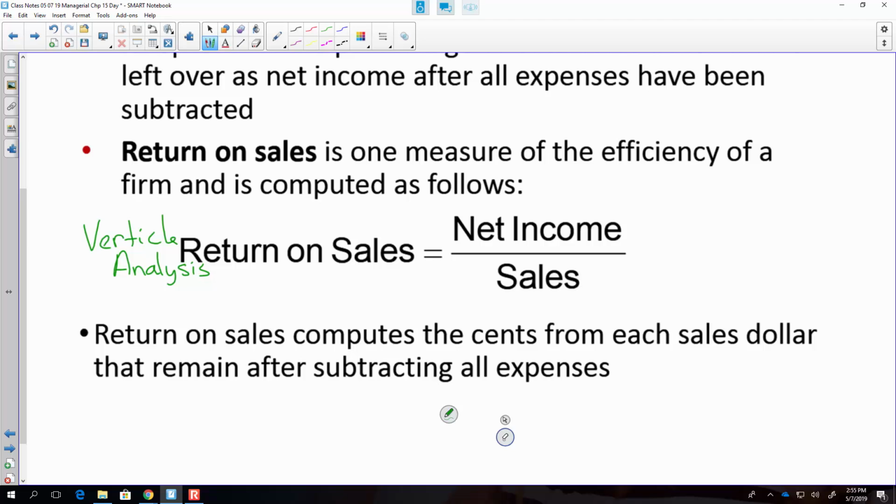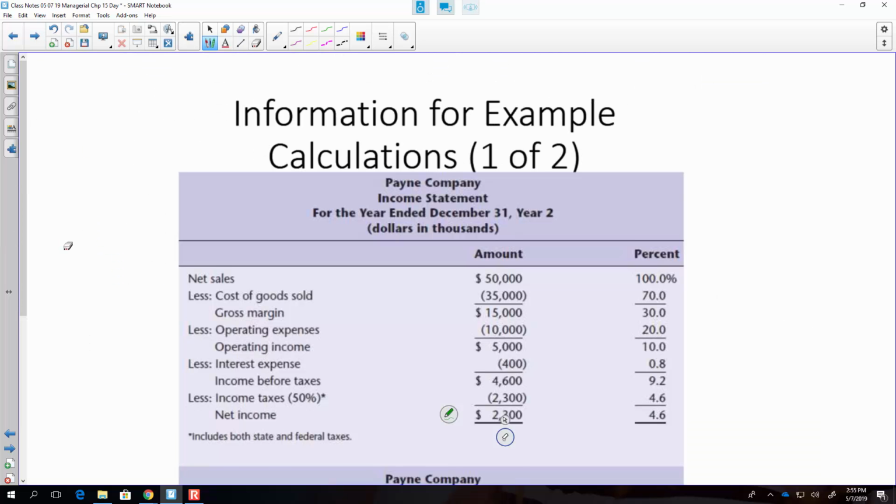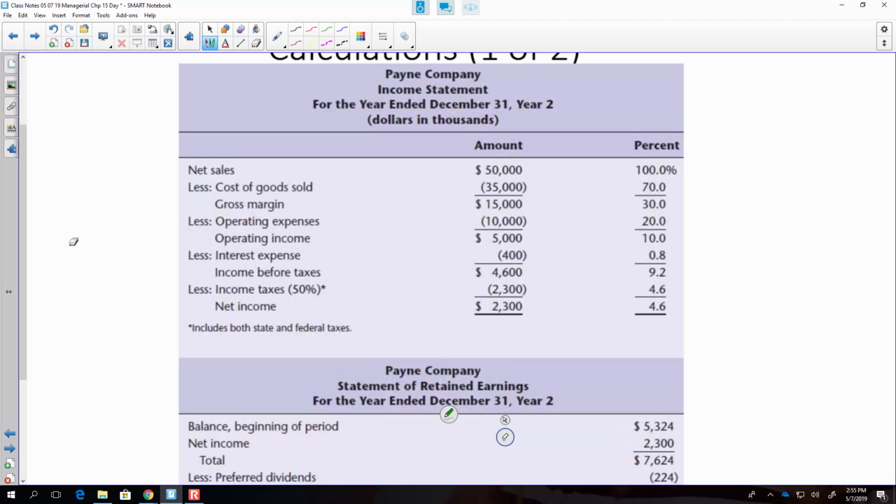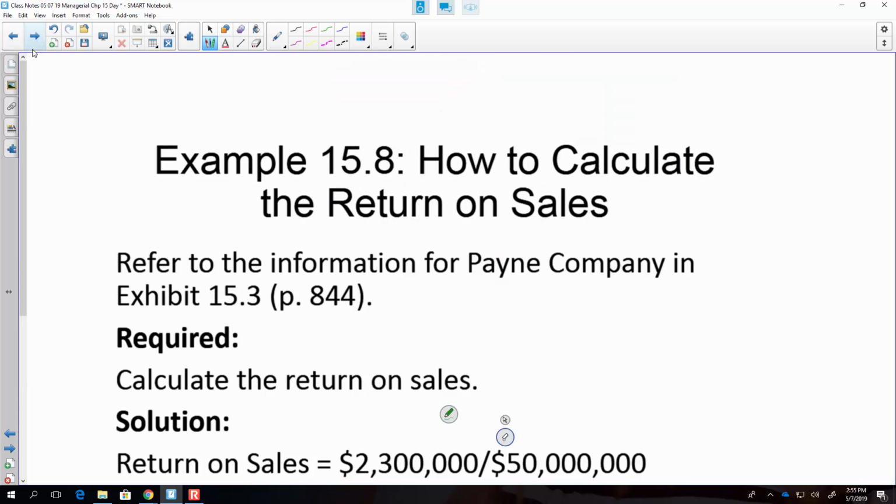For our income statement, because the base is basically sales, how many cents on every dollar is made? So looking at this, we're looking at return on sales, or we're making 4.6 cents on every dollar in this particular case. Good ratio, especially if you have a lot of sales.